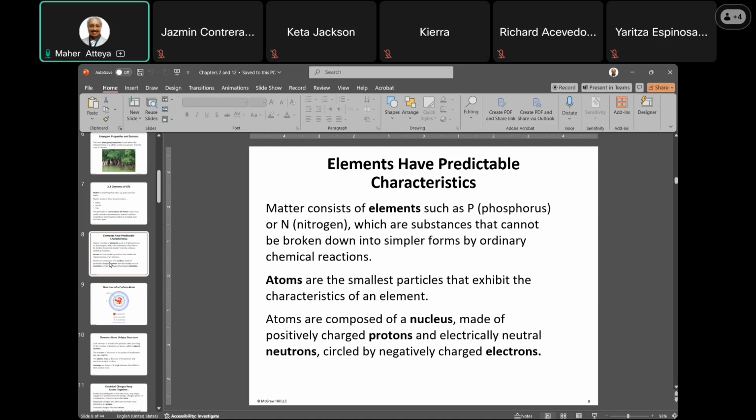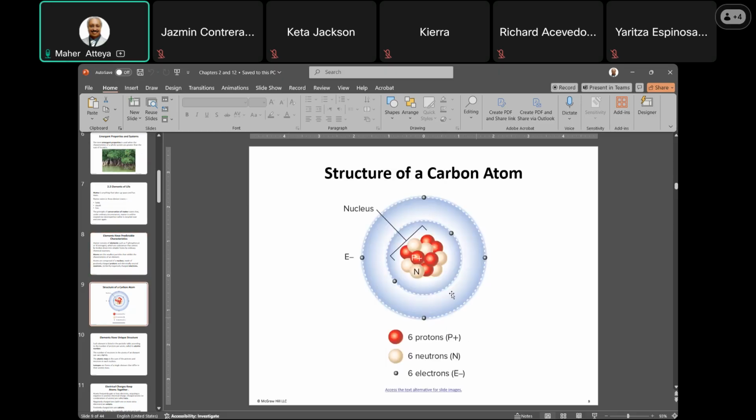Those protons and neutrons are hosted inside the nucleus, the center of the atom, and outside are negatively charged particles spinning around this nucleus, called electrons. So here is the picture of the atom. The protons are positive charge, the neutrons have zero charge. They are hosted inside the nucleus, the center of the atom, and outside are the electrons.